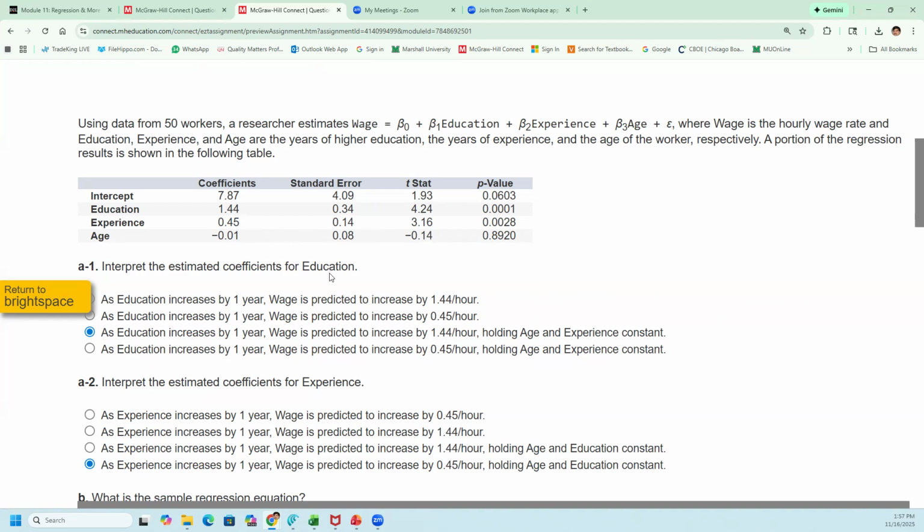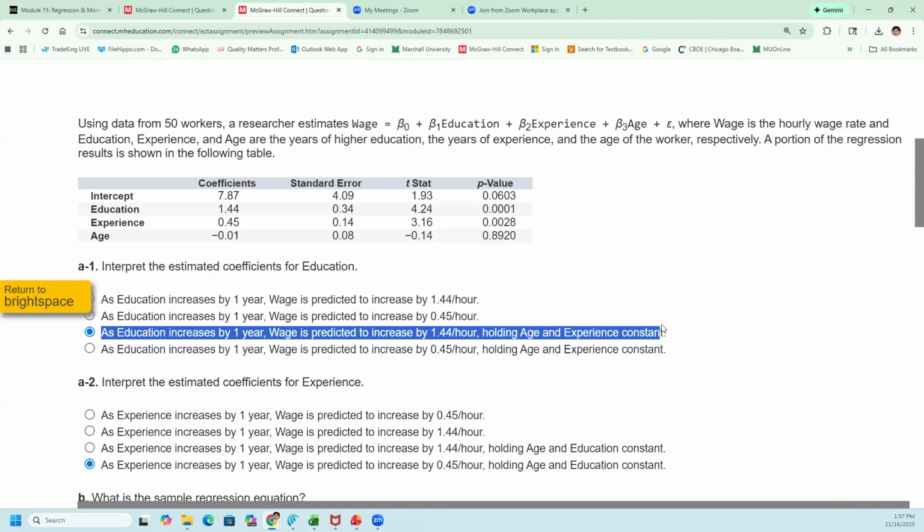So how do you interpret these coefficients for education, for example? Education coefficient is 1.44. So as the education increases by 1 unit or 1 year in this case, wage is predicted to increase by 1.44 per hour, holding age and experience constant.